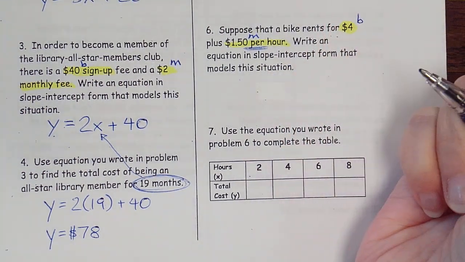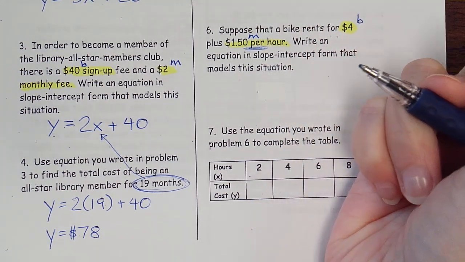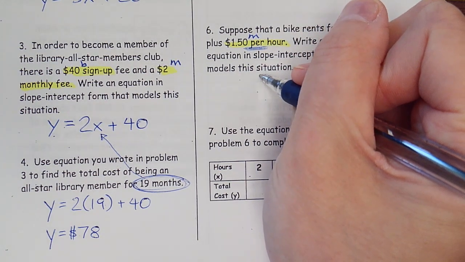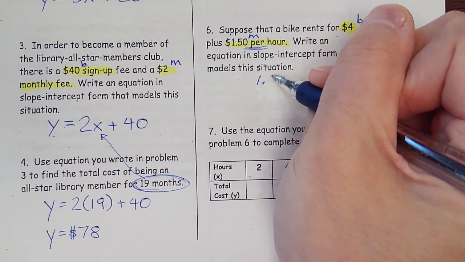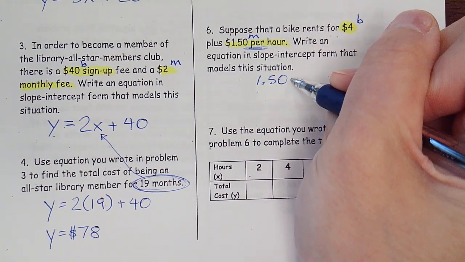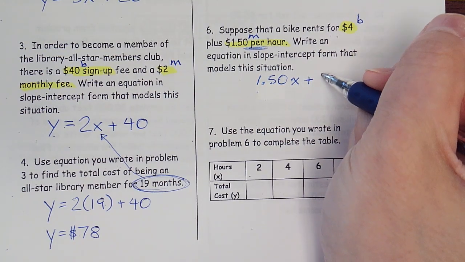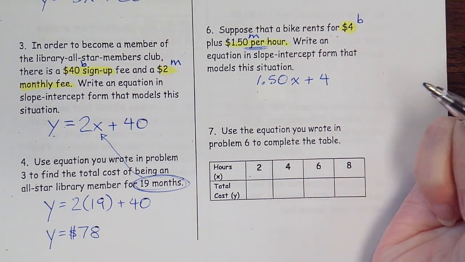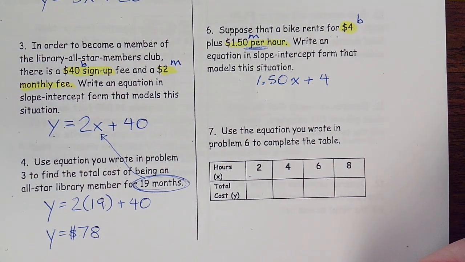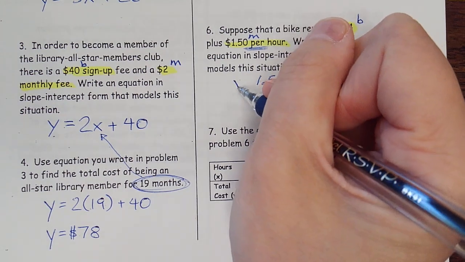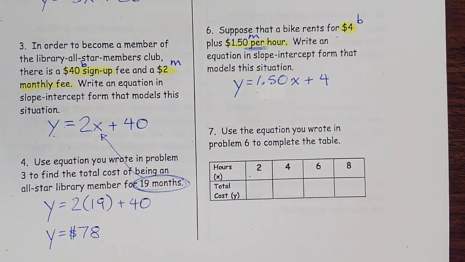All right. So can you tell me the equation again? So it's going to be 1.50 X plus 4. But is this an equation? No. Y equal. You have to have y equal to make it an equation.